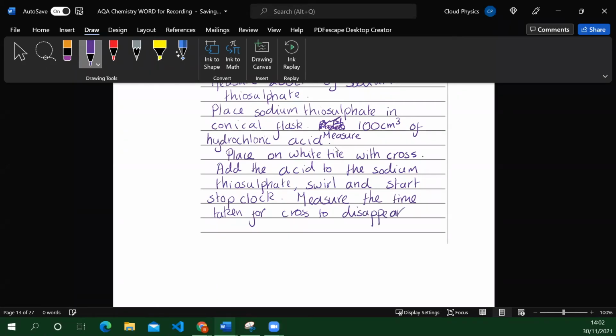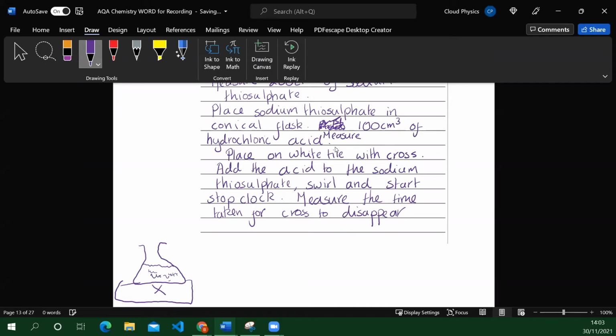Okay, so if you find it difficult to describe what you're doing, you can always draw. So you have a tile. I'm going to draw it sort of half 3D. You have a cross. You put the beaker, sorry, the conical flask on it. Okay, and over time this starts to precipitate.